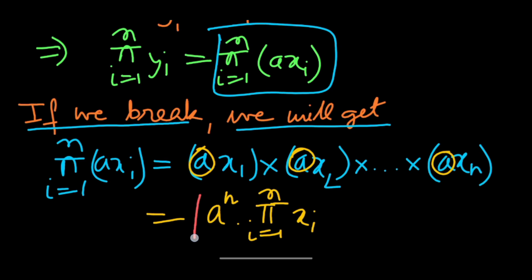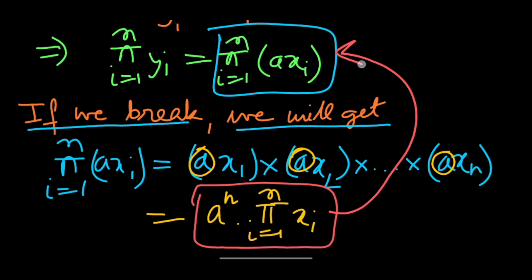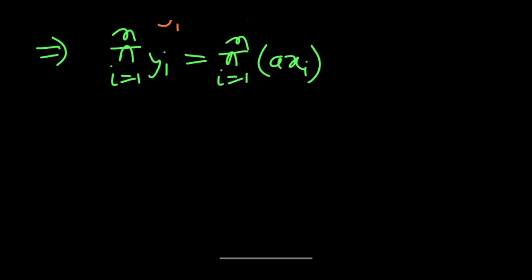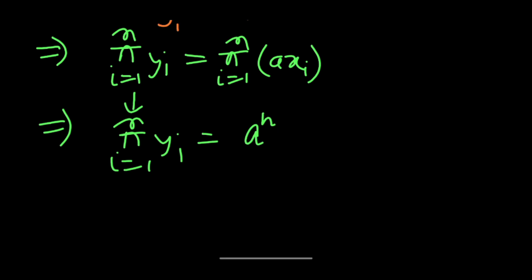Therefore, we have broken down the right hand side of the equation into this form. In the next step, we will write the product of yi, and here we will substitute the value which we have already got before. I will write it over here like this.